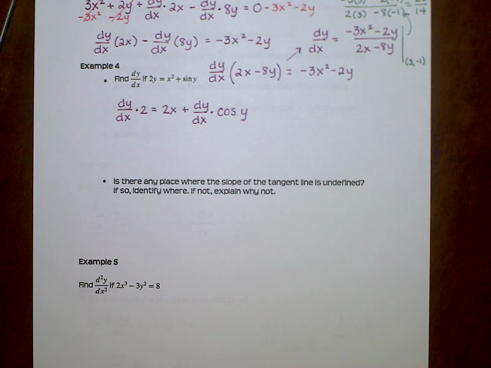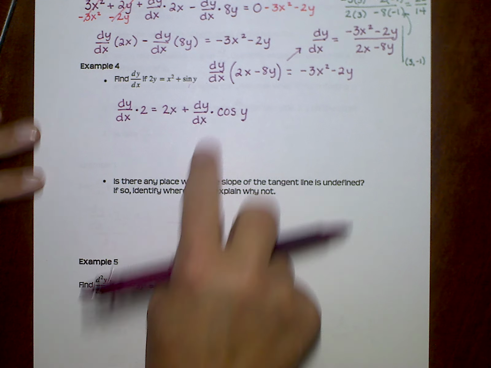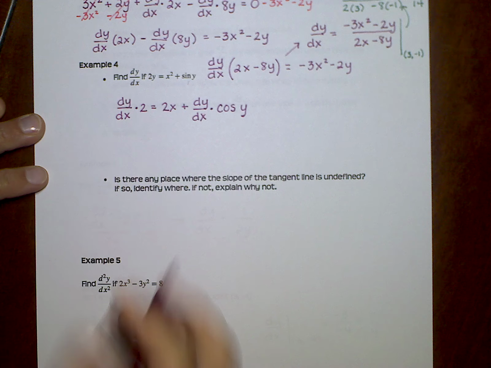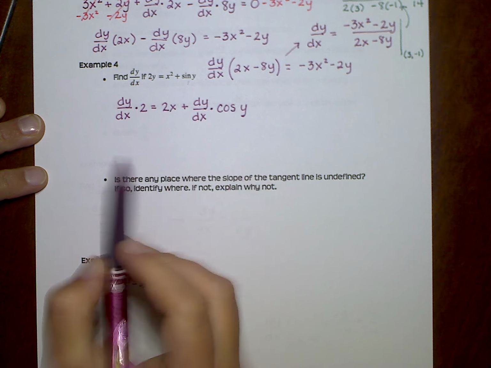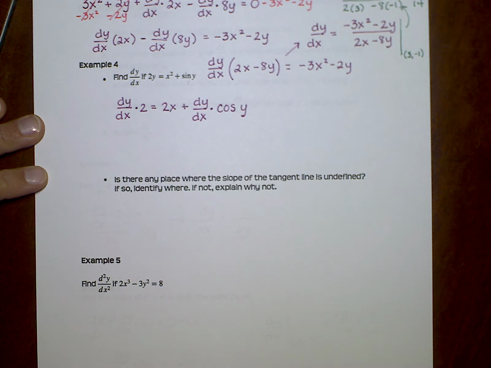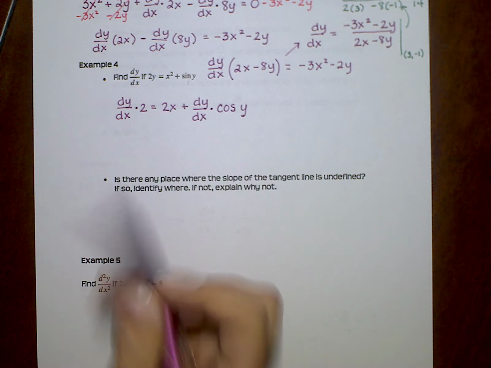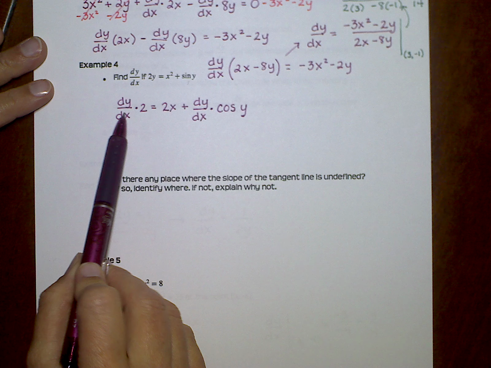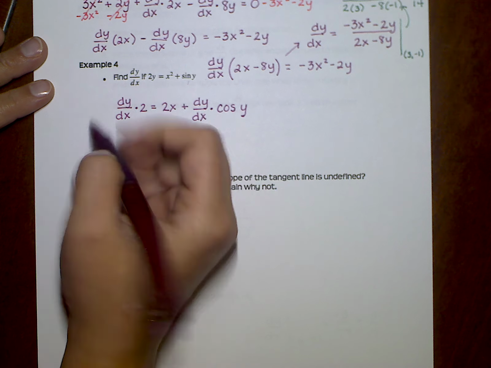We need to get the dy dx's together, and in order to do that, they have to be on the same side of the equation. So I'm going to pick up this dy dx term with the cosine y and slide it over here. If this confuses you, come approach me in class and I'll talk you through it. I'm also going to pull out the dy dx at the same time.